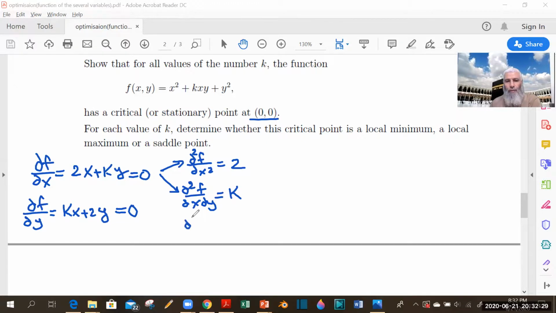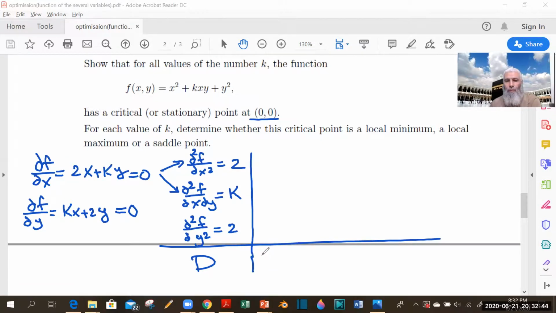And d2f/dy squared equals 2. And here we can find D, yes? So D equals 2 multiplied by 2 minus k squared. So it would be 4 minus k squared. So D equals 4 minus k squared, right?